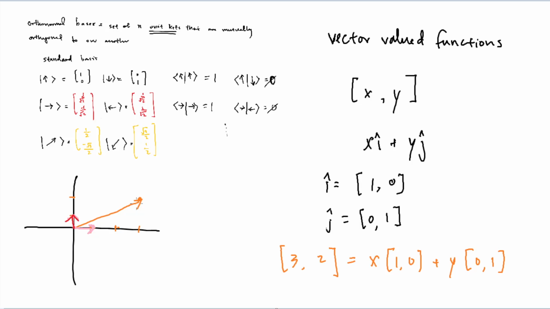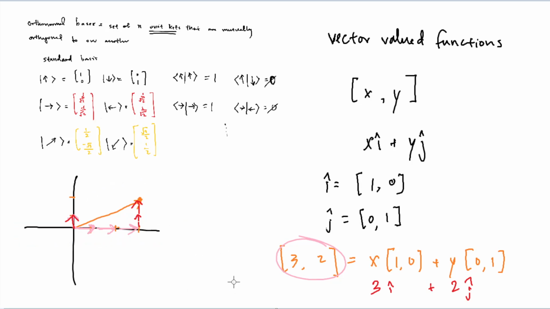In order to construct your 3, 2, we need 3 of these i hat vectors, and we need 2 of these j hat vectors. Thus x is equal to 3 and y is equal to 2. So what we're claiming here is that if we have given unit vectors, we can express any vector out there as the sum of these unit vectors.